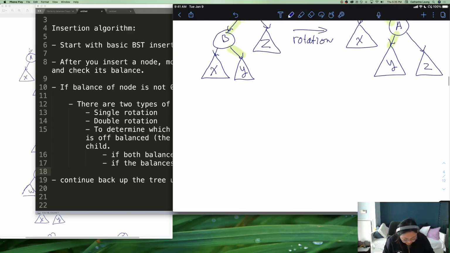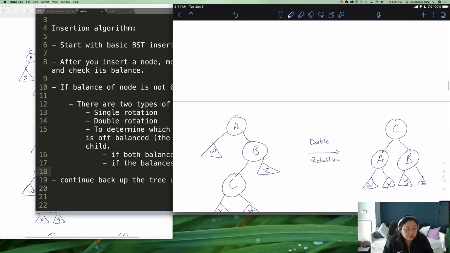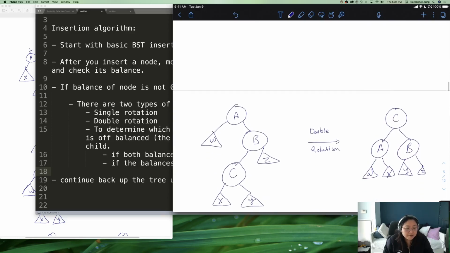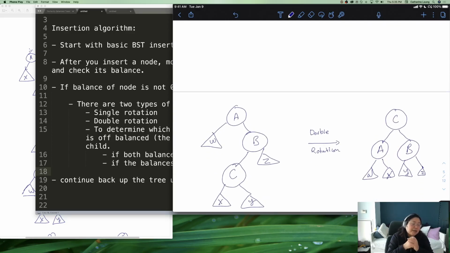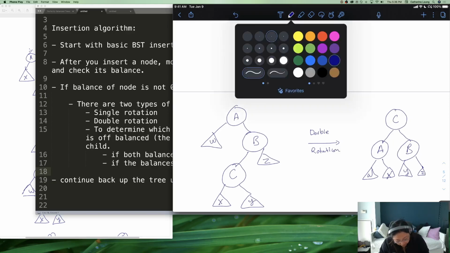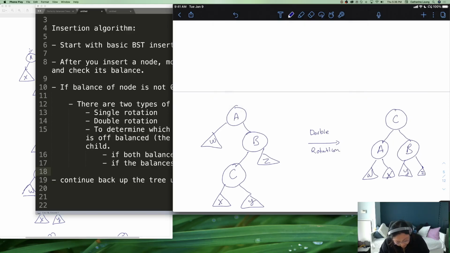There is also an idea called a double rotation, and it is represented by this diagram. A double rotation has to occur if the nodes are off balance on opposite sides. Obviously in this diagram, it's taller on the right, which is why we're drawing all the things on the right.